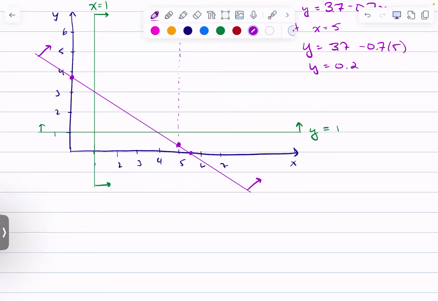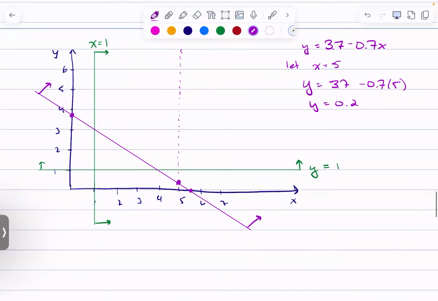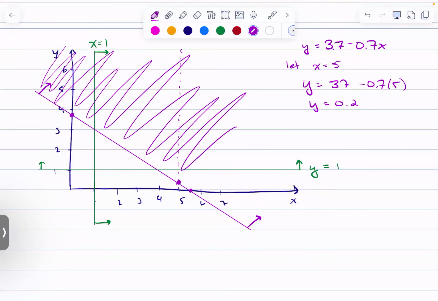Okay. So now let's try it with shading out the areas you don't want. No, shading in the areas you do want. Oh boy. Okay. Shading in the areas you do want.